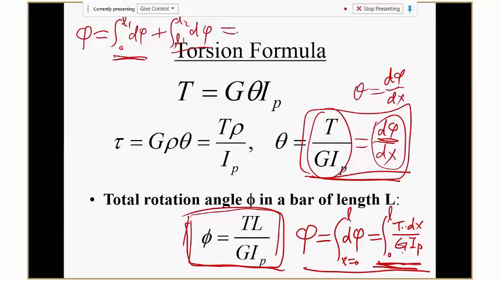What I'm going to get will be T1, G1, and Ip1 in this part, and what's left there will be L1. And then the second part, I'm going to have T2 constant, take it out, G2 constant, take it out, and Ip2 constant, take it out. Left will be the L2 part, or you can say L2 minus L1.